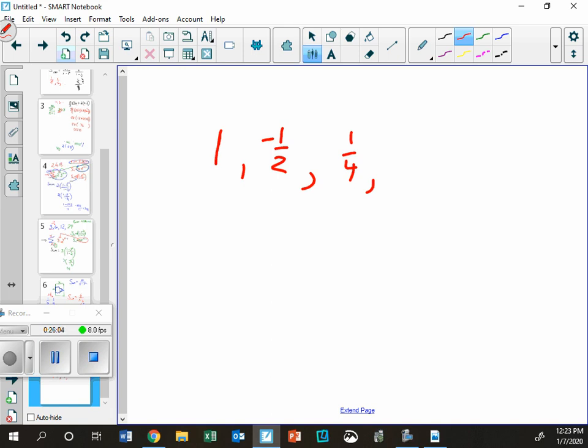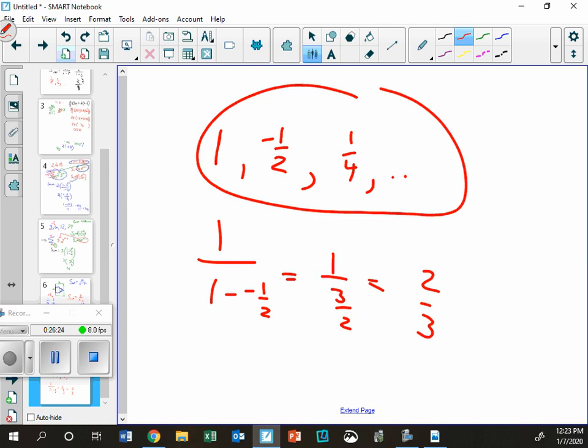What's the r? Negative a half. So this would be 1 over 1 minus negative 1/2, which is really 1 plus a half, which is like 3 over 2. And that would add up to, flip it and multiply it, 2/3. The infinite series adds up to 2/3.